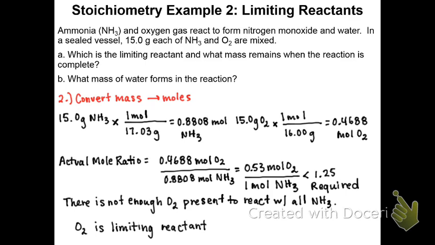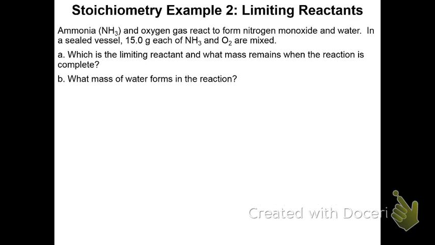So if we come back to part A, we determined the limiting reactant, and now we want to know how much ammonia remains when the reaction is complete. We'll use the number of moles of oxygen that reacts to find the number of moles of ammonia that react.